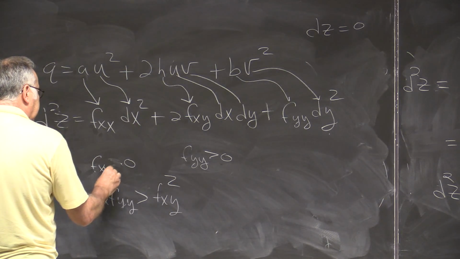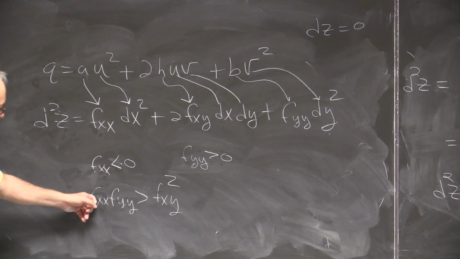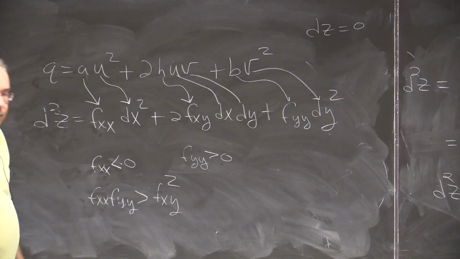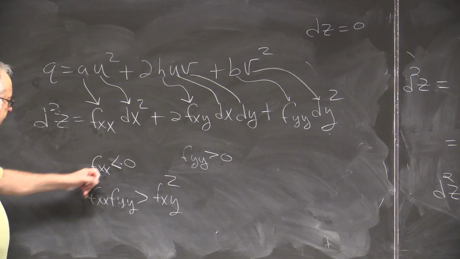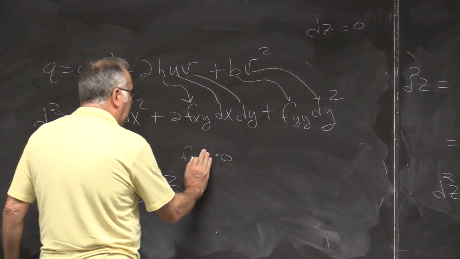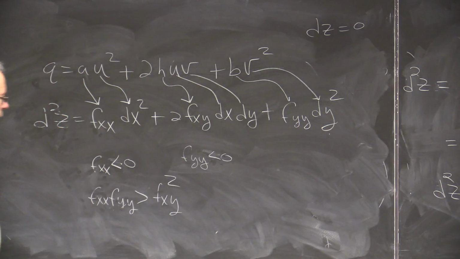Change this f sub xx, this a, in other words, to be negative. But you still need ab to be greater than h squared. And by the way, if this is negative, that implies f sub yy has to be negative too. Because otherwise this condition right here couldn't hold. Okay.